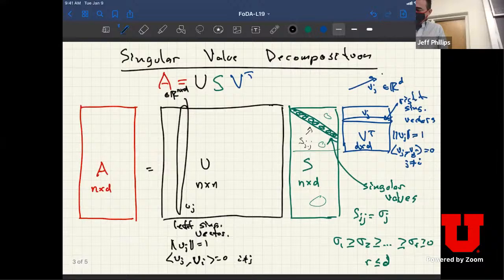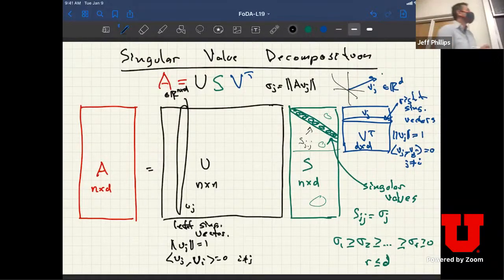There's some space that's going on here. And when I multiply A times Vj, I'm going to get back exactly sigma j times Uj. So there's this correspondence.